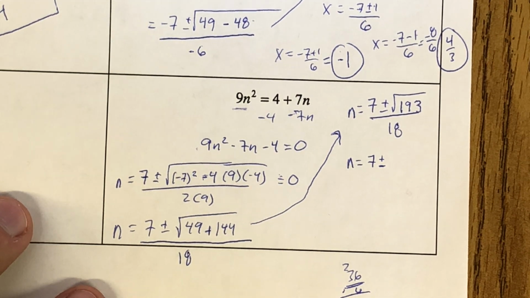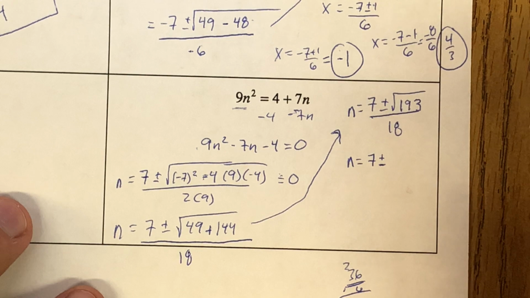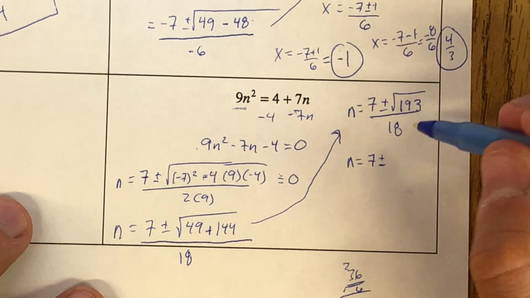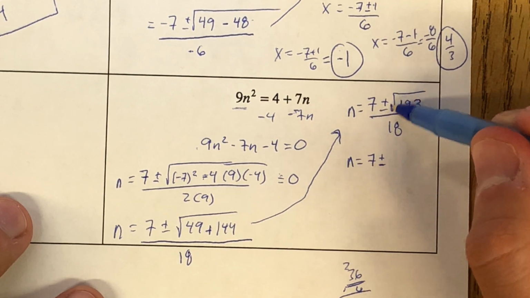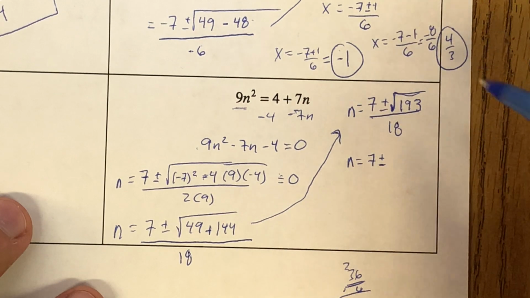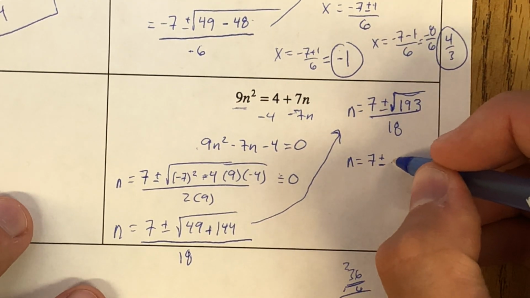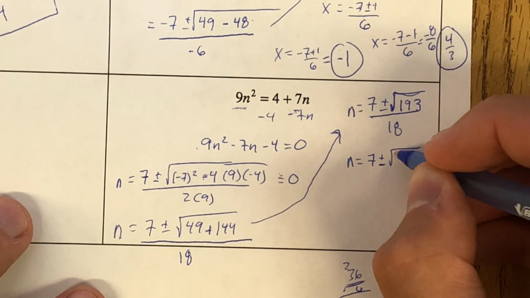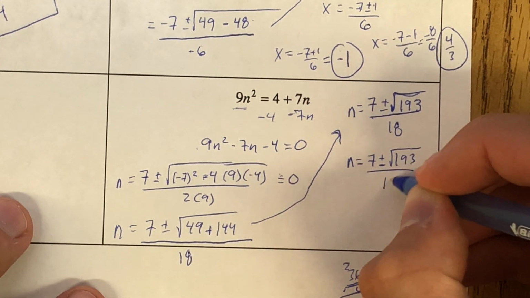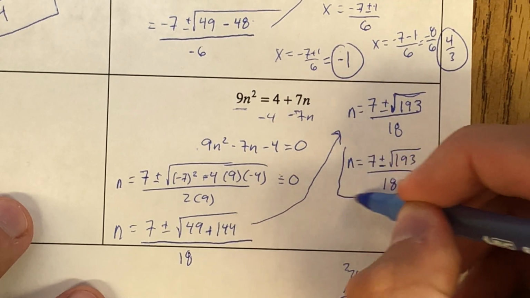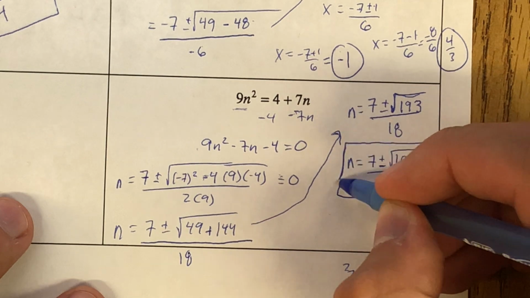I'm not sure. You'd have to just divide this number by different perfect squares, see if any factor out. Don't think there are any. So we could call it there.